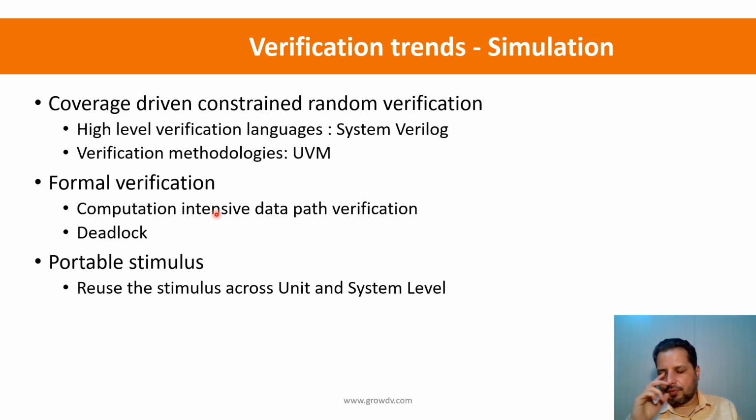For example, all of us know how costly the floating point bug was that the Intel Pentium processors had a long time ago, right? So for anything compute, formal verification works very well. Data path type of verification.